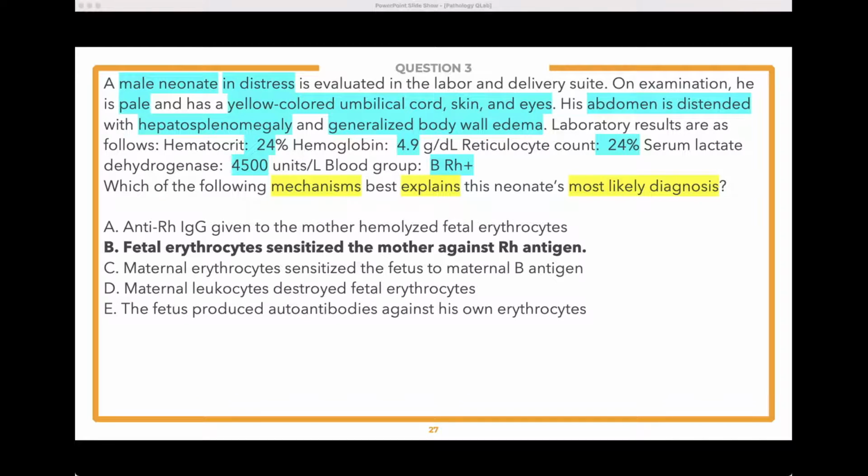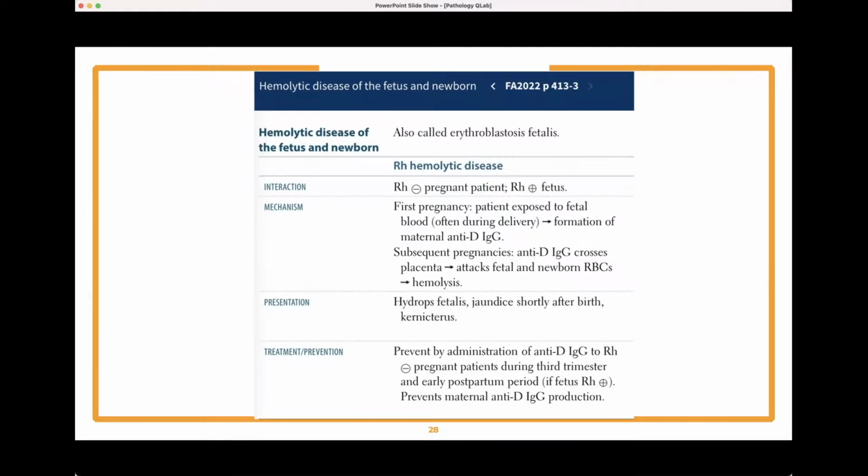So let's take a look at the next slide, talking about hemolytic disease of the fetus and newborn in First Aid. This happens when you have an Rh positive fetus in an Rh negative pregnant mom. What ends up happening is in subsequent pregnancies, not the first pregnancy.